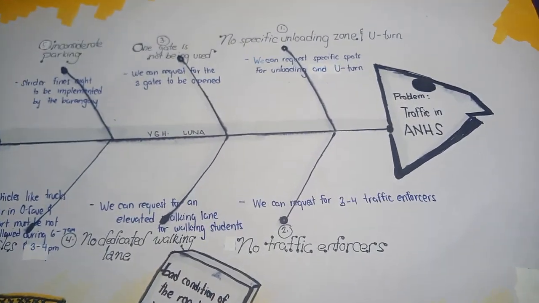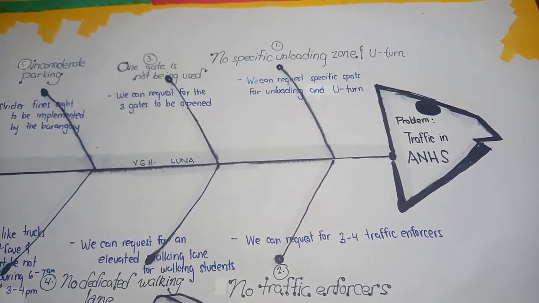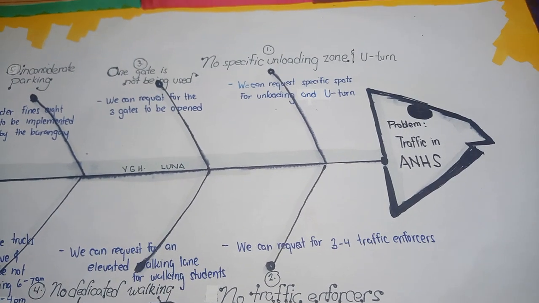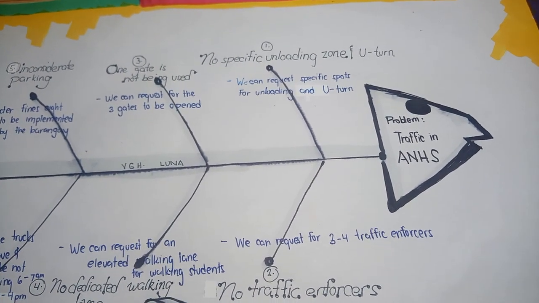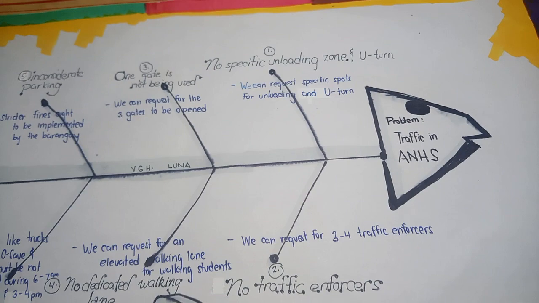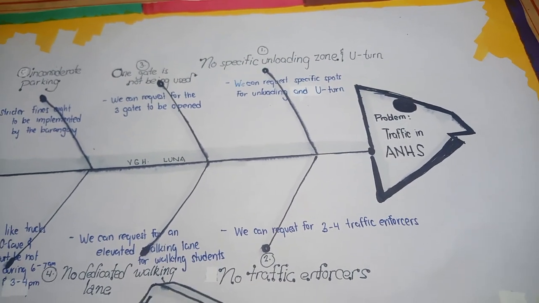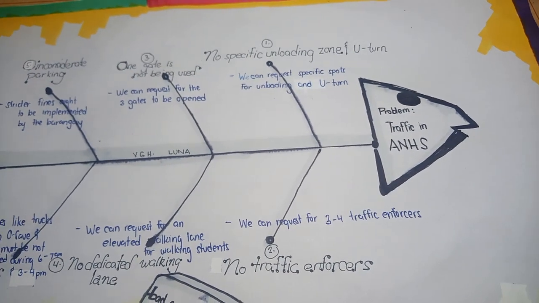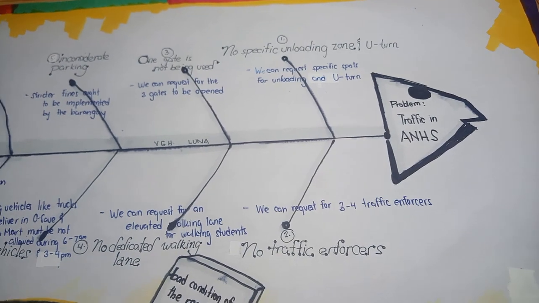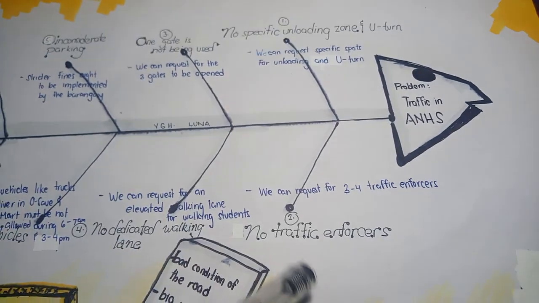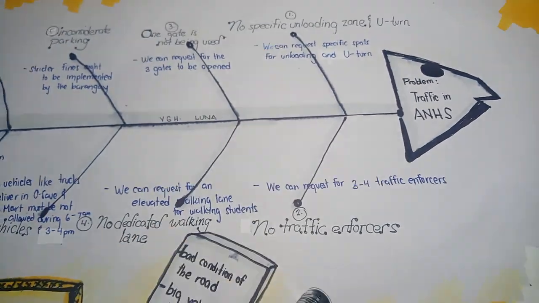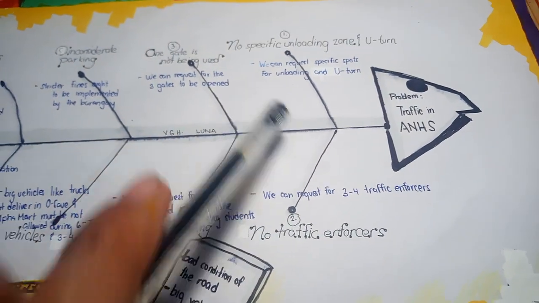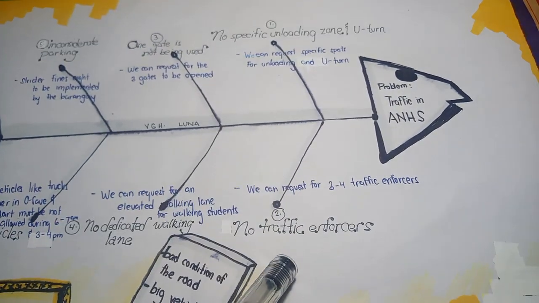For example, number 1, no specific unloading zone or U-turn. Yan ang isa talaga mabigat. Kahit saan na lang nagbababa, and kahit saan na lang lumiliko. So it's really causing traffic. And then I put there, syempre, pinag-isipan muna natin lahat yan. Ito, number 1, mas mabigat talaga yan. Number 2, no traffic enforcers.